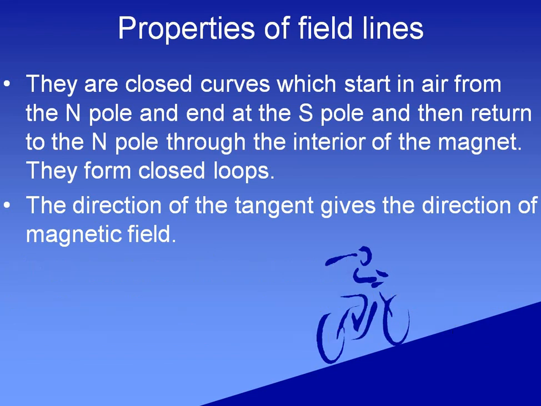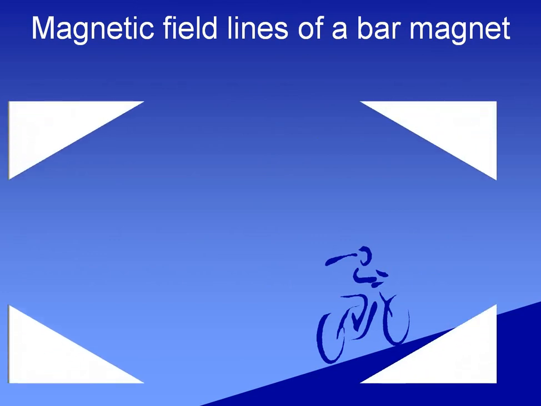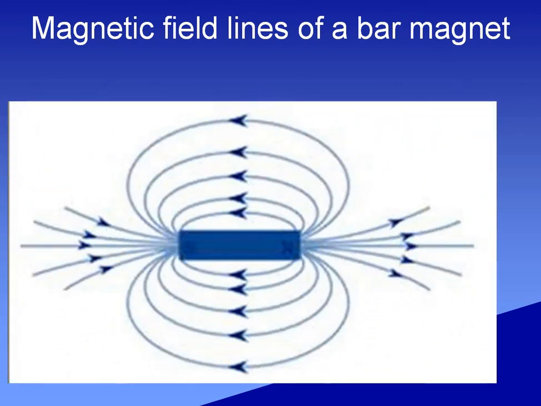So that also you can see in this diagram itself, near the poles. At these points, near the poles, you can see that more field lines are there. If you consider a small area, more field lines will be there, which means in this region the strength of the magnetic field will be more.